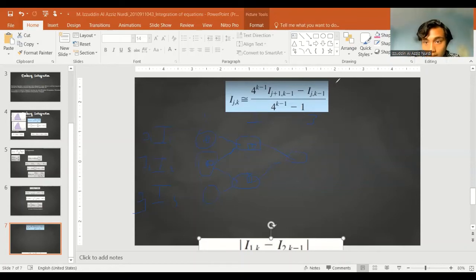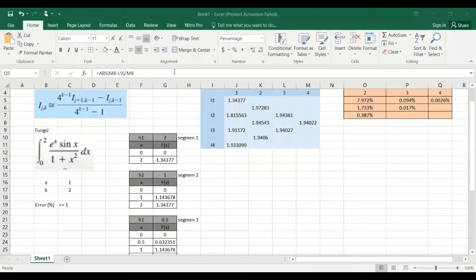Alright, I think we could see it in the example. Okay, I'd like to continue.